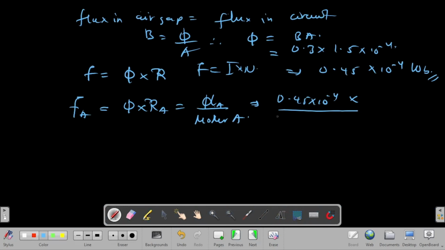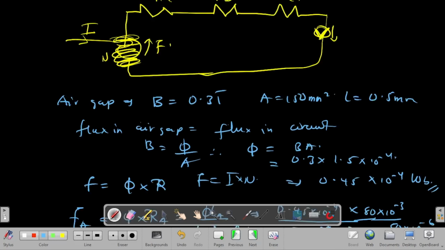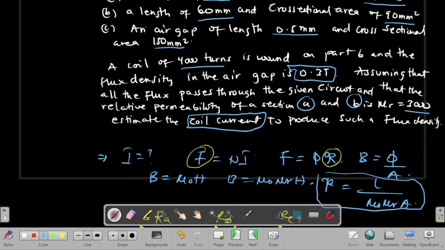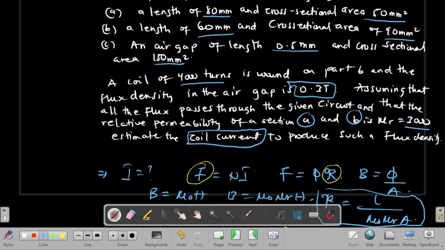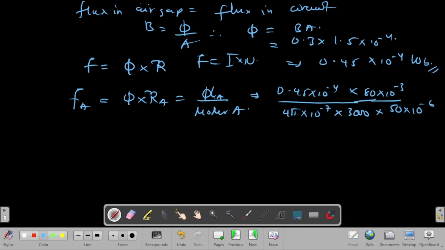So that's 80 times 10 to the power negative 3 over mu naught, which is 4 pi times 10 to the power negative 7, and mu r was given as 3000, times our area, which is 50 times 10 to the power negative 6. Right, that's correct.